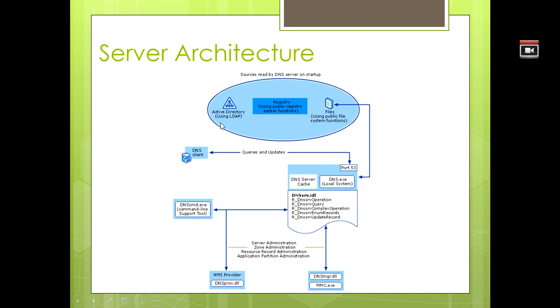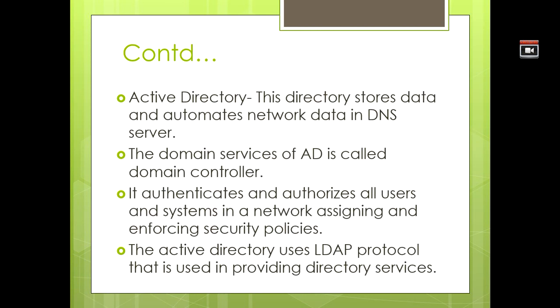Here you can see the sources read by the server in order to start up. This is an active directory. What is an active directory? Active directory is the directory that stores data and automates the network data in a domain name server.